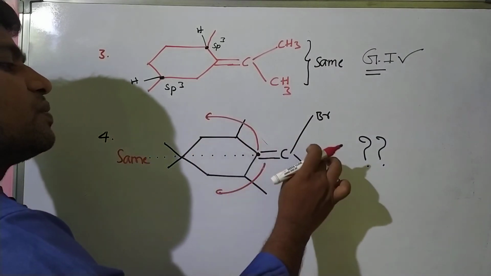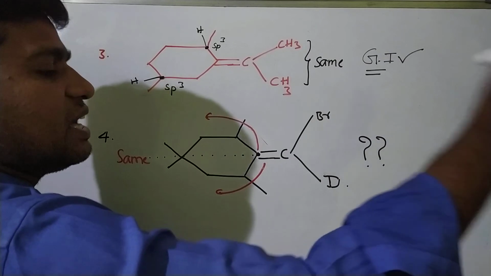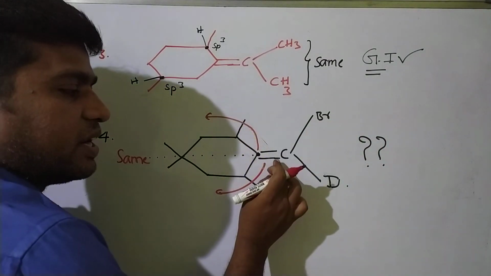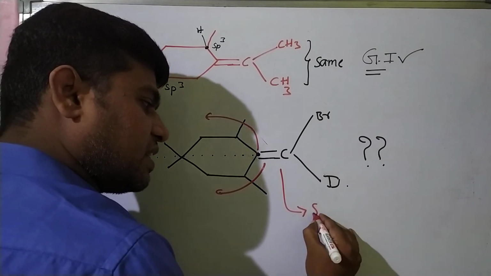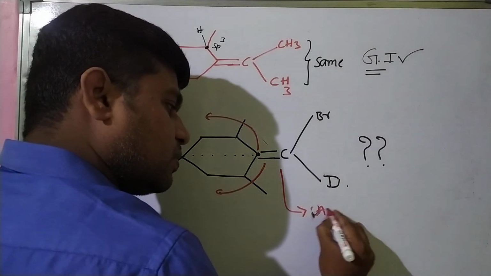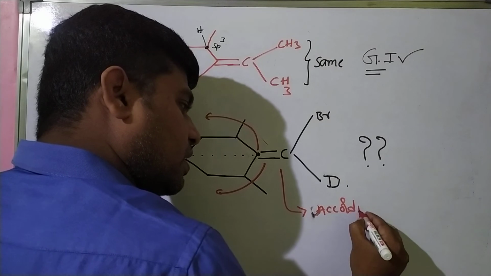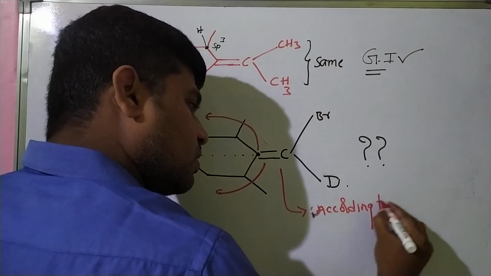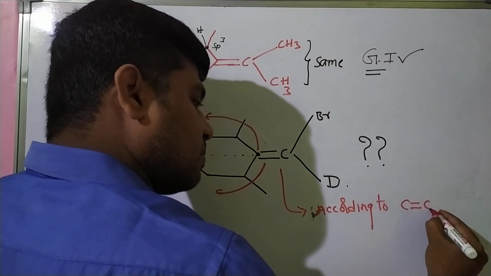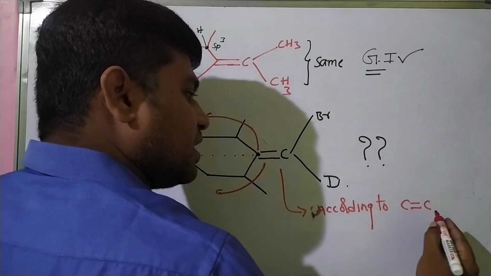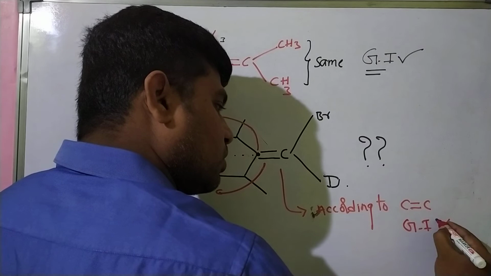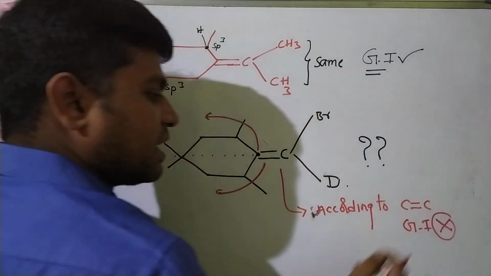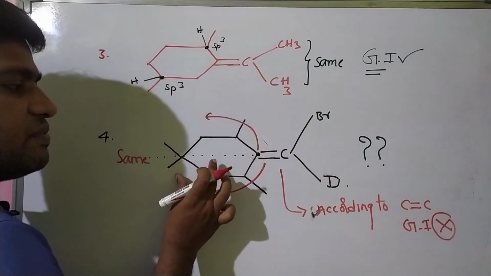So this compound does not give geometrical isomerism according to this carbon-carbon double bond stereo center. Now we will consider the cyclohexane part.